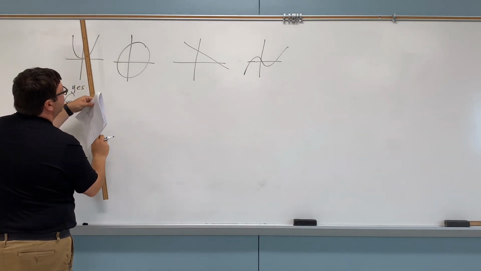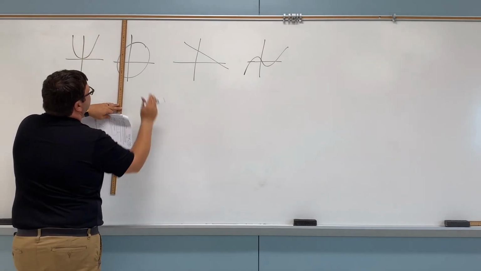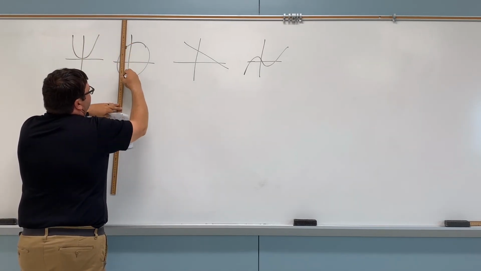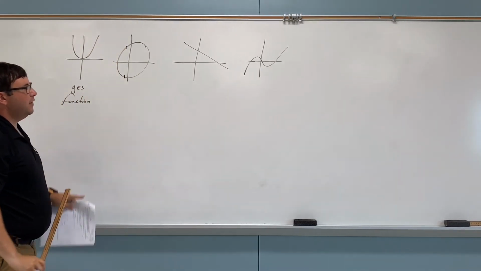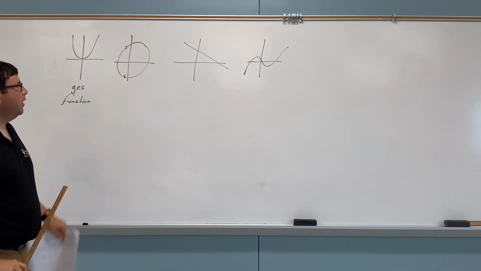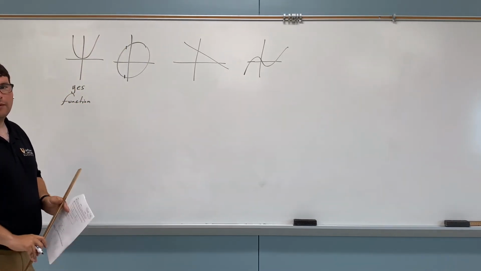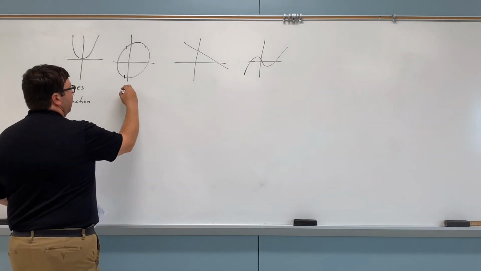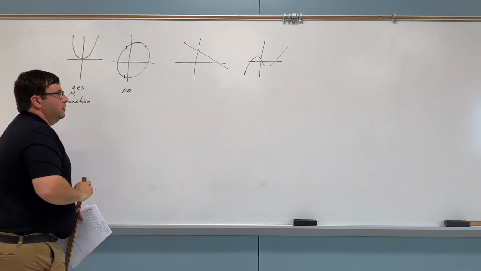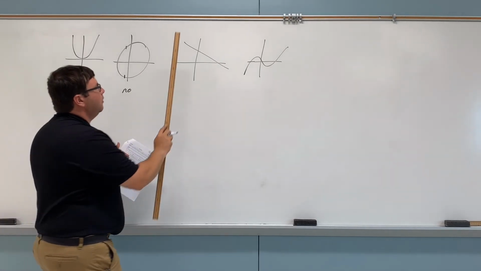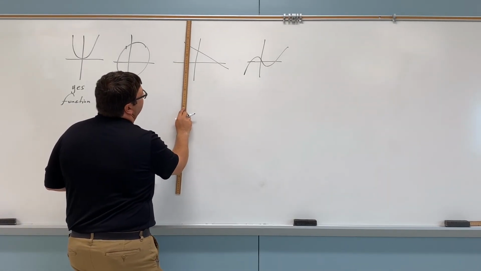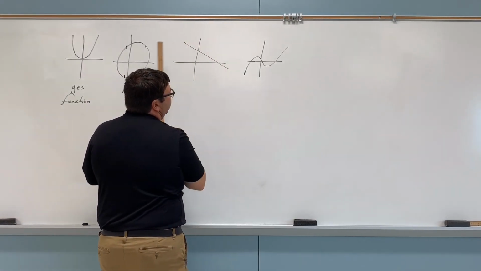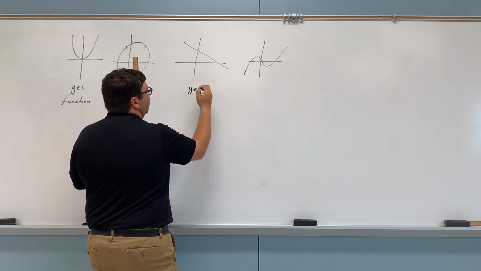How about a circle? Well, just to show emphasis, there's the same x value twice. And you can see that throughout the circle, you'll have multiple repeating x values. So this is not a function. What about a line? Moving left to right, yep, that looks like a function to me.